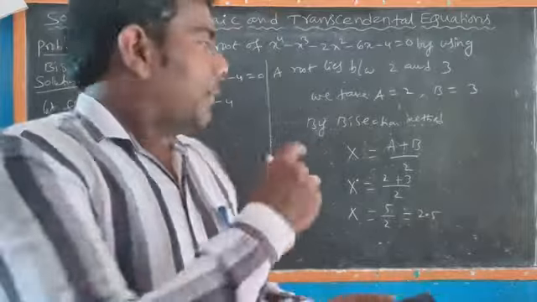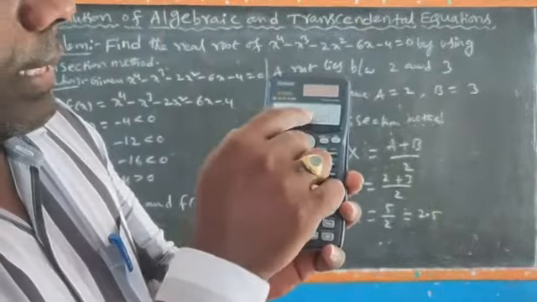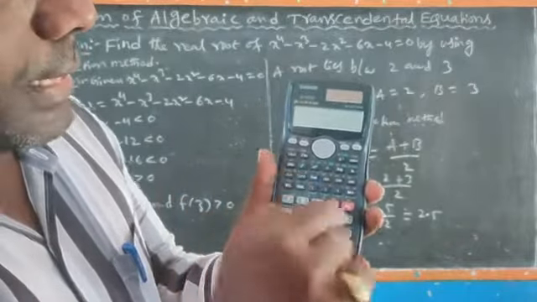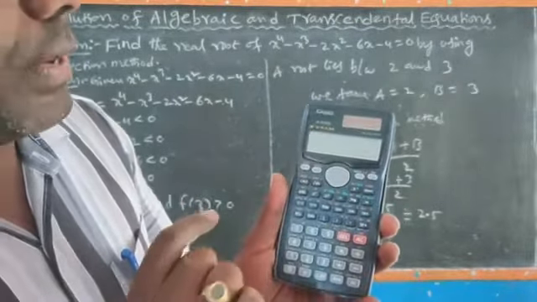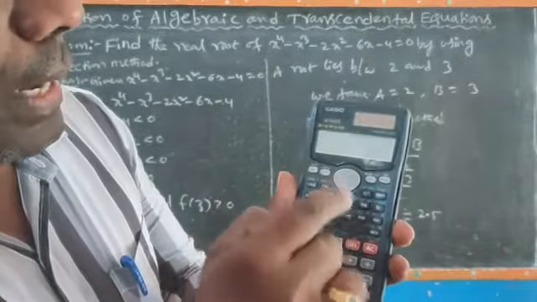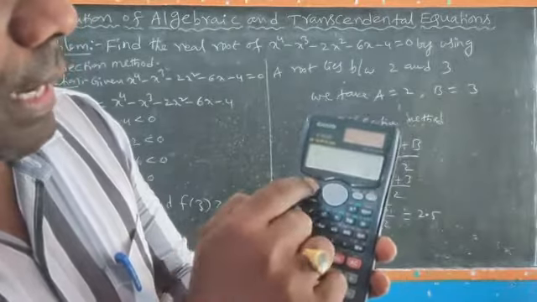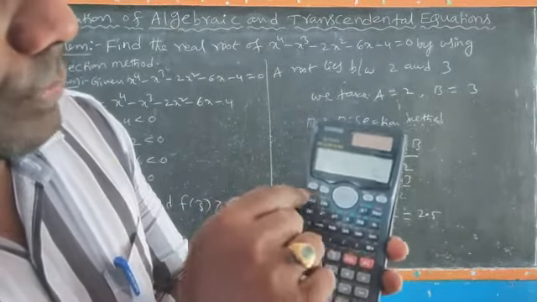Now type the bisection method formula in the calculator. Here is the given equation; save it, then press the AC button. Now the formula x equal to (a plus b) by 2: Alpha x, Alpha calci, then we get equal to.